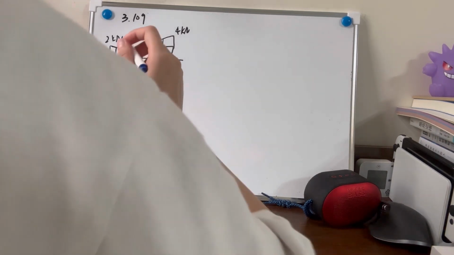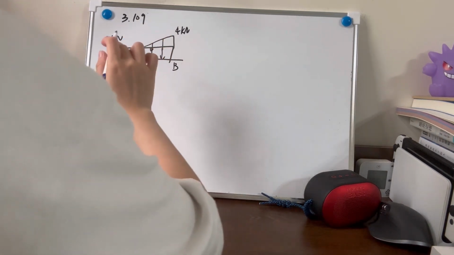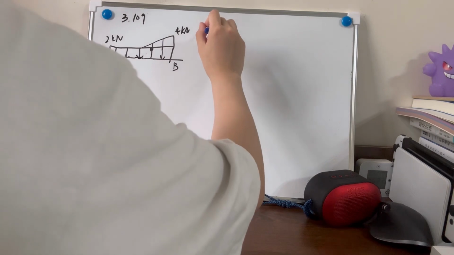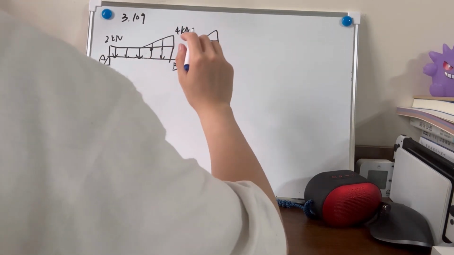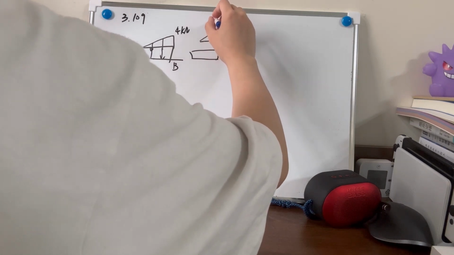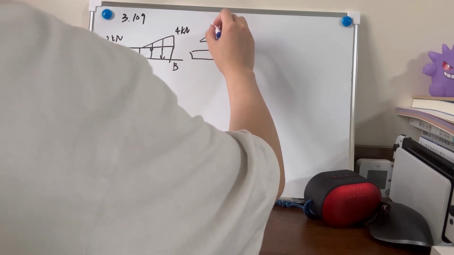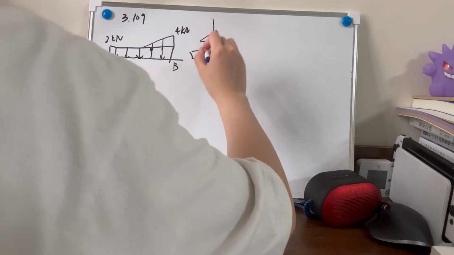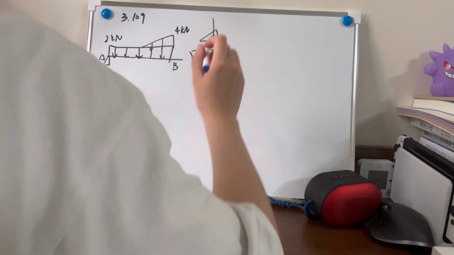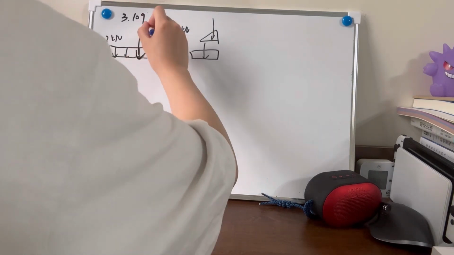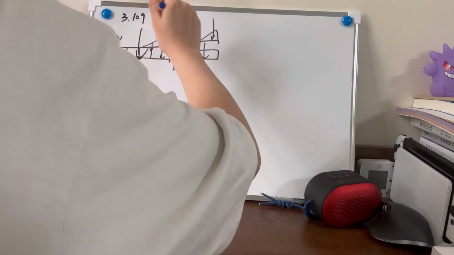And I kind of like to divide this figure as the triangle and the rectangle. So the force on the centroid of this triangle is also here, and the centroid of the rectangle is in the middle.